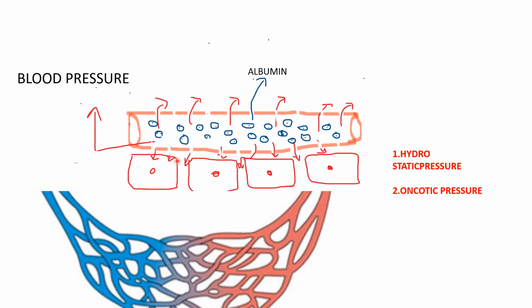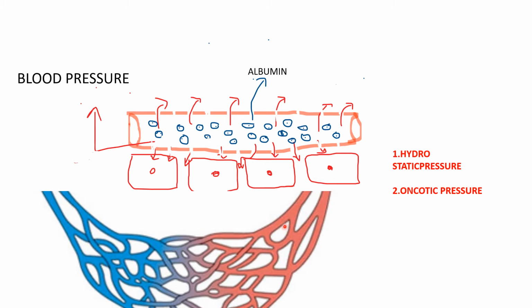There is a downward force, which is called hydrostatic pressure. The fluid and nutrients are pushed down and reach the cells. This pushing force is called the hydrostatic pressure. This is up to the arterial end.